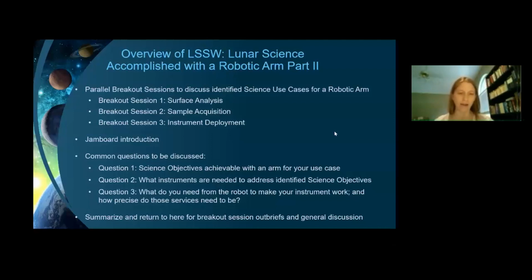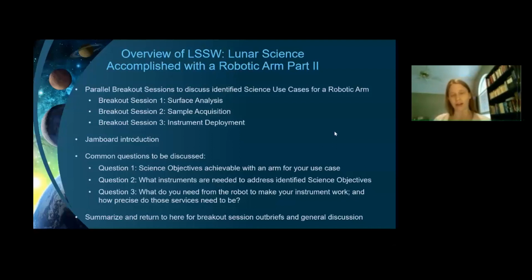We might not be able to have really quantitative answers to some of these questions. Some might be, we need high precision at this time, and maybe go back and get more information and bring it back. But we do want to get as much input as we can to help the engineers building these arms have as much insight as possible into what we need as scientists to achieve the science objectives we're identifying. And then sample acquisition will also have a question about what types of samples you need, like size.